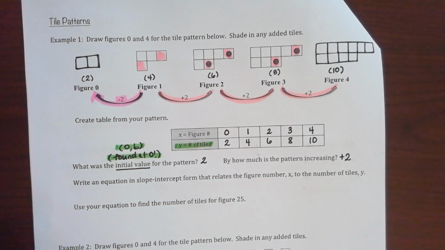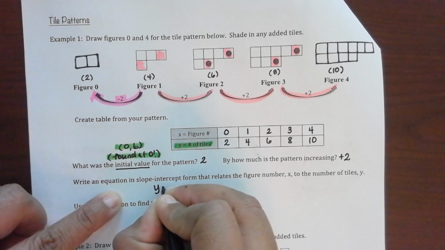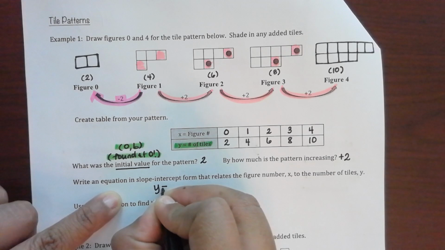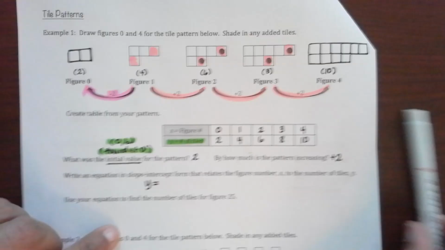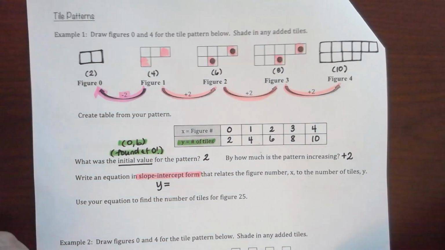Write an equation in slope-intercept form that relates the figure number X to the number of tiles Y. So what should come first if I'm writing an equation? Y. Then equals. So flip that page over for me. What is slope-intercept form?